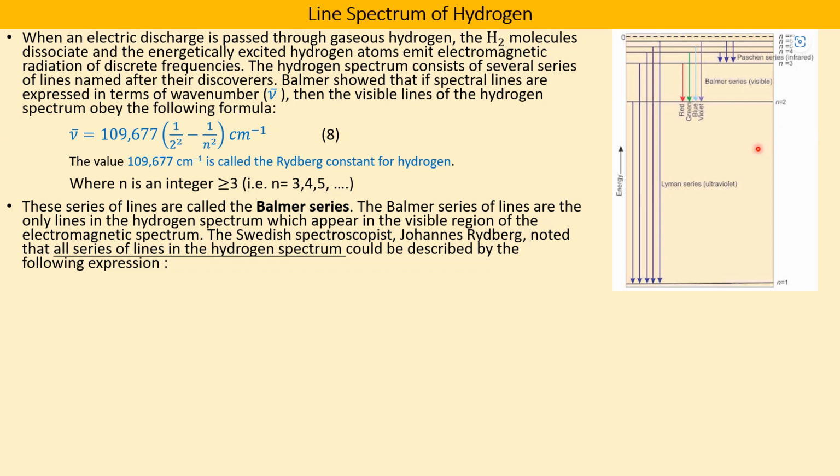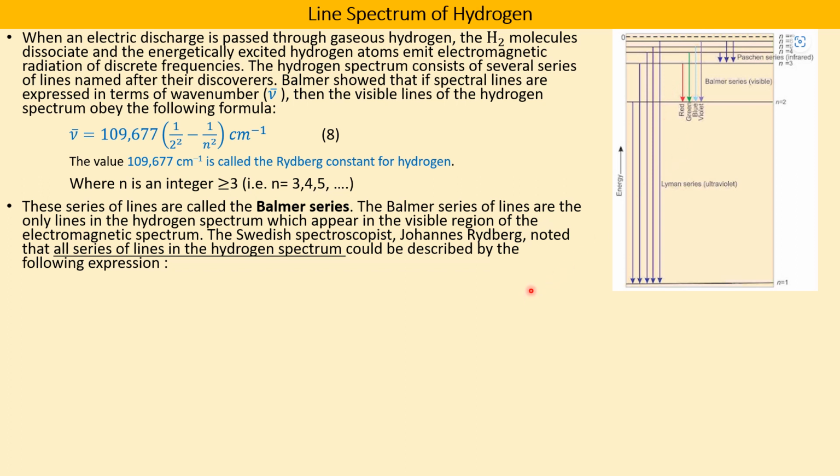The figure shows transitions of electrons in the hydrogen atom. The diagram shows the Lyman series, Balmer series and Paschen series, only three. And out of these three, only the Balmer series is visible.